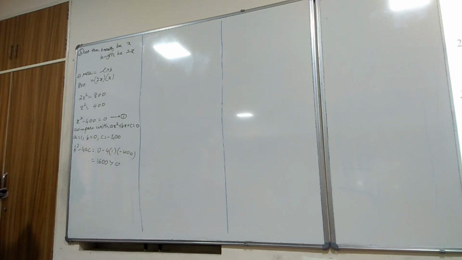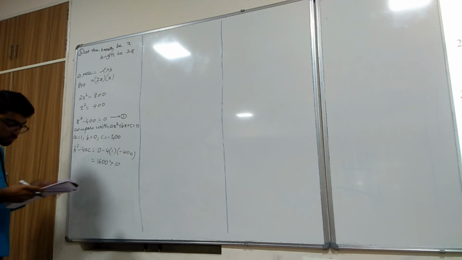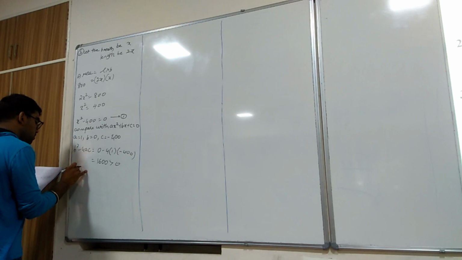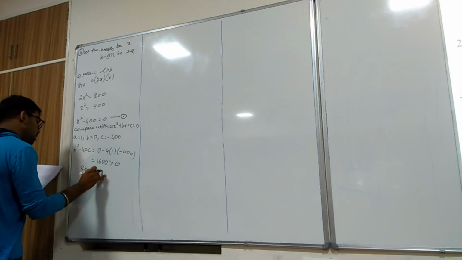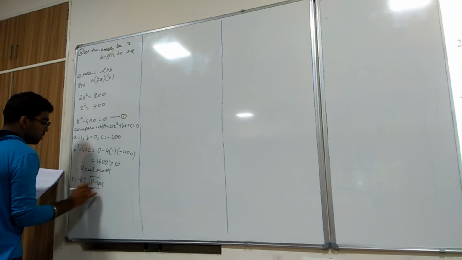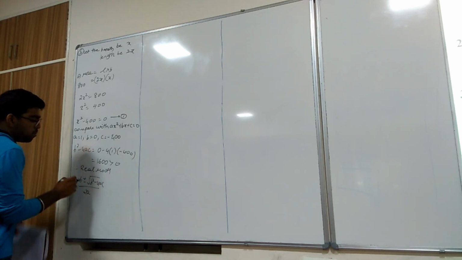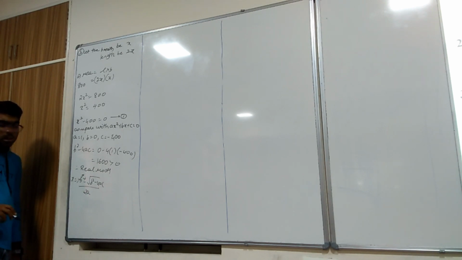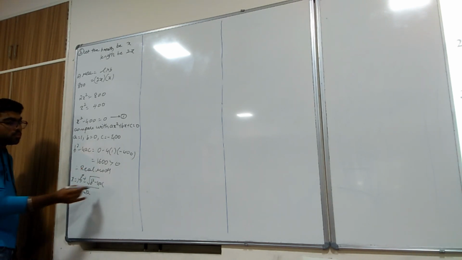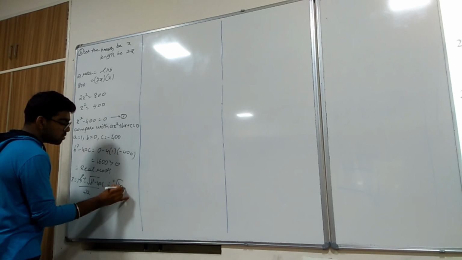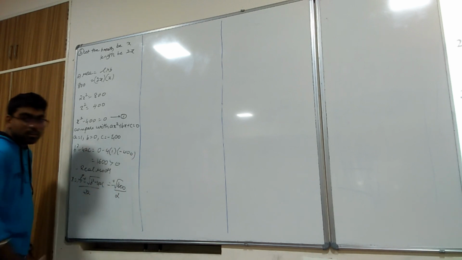Yes. So therefore the equation has real roots. So x is equal to minus b plus or minus root of b square minus 4ac divided by 2a. Here b is 0, so this goes. So plus or minus root of 1600 divided by 2a, a is 1.